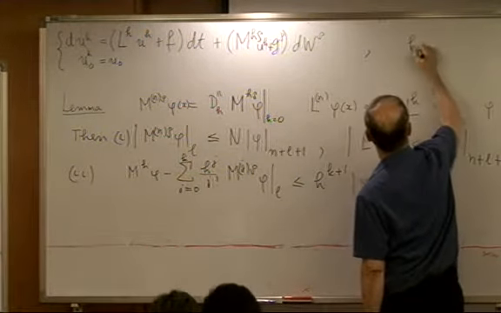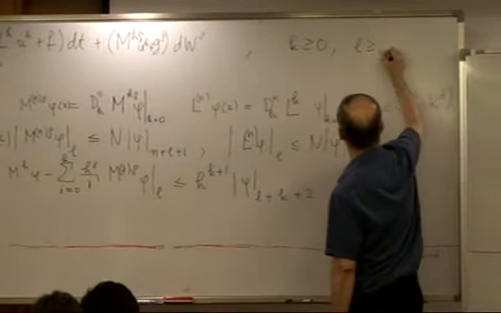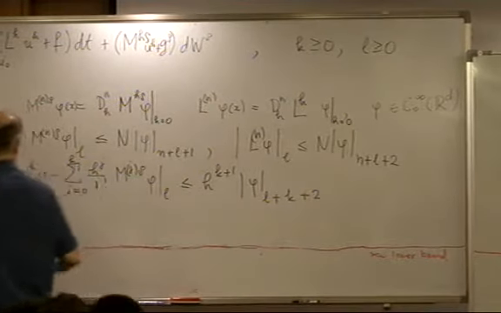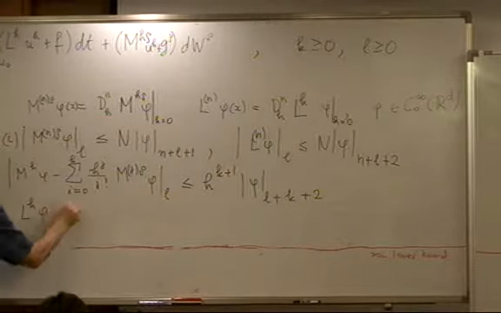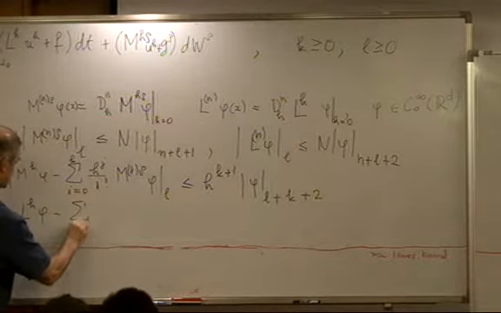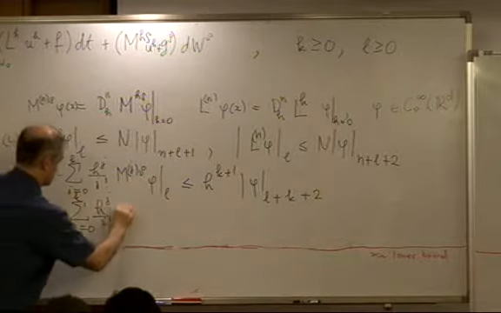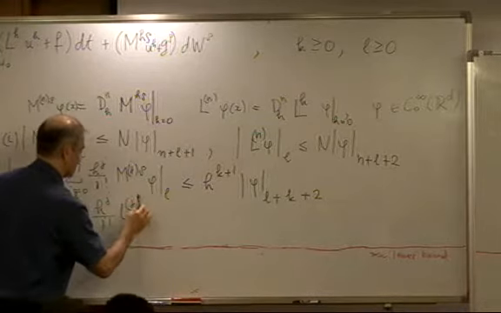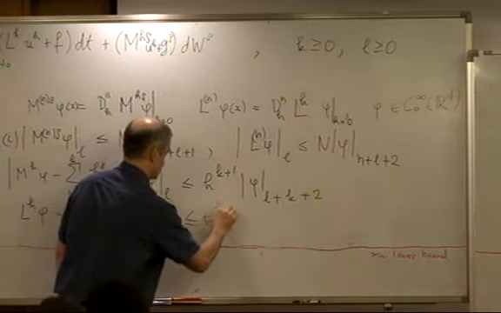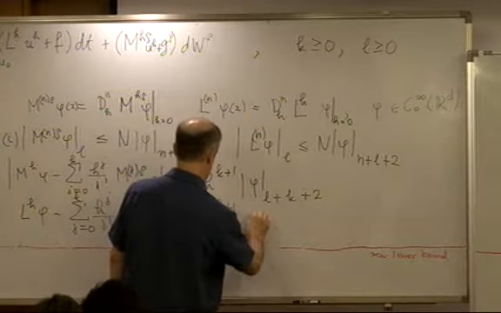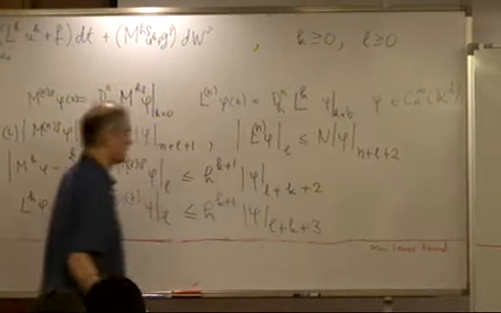I take k a fixed integer. L is also a fixed integer, and then the L h phi, the same thing, with L plus k plus 3.